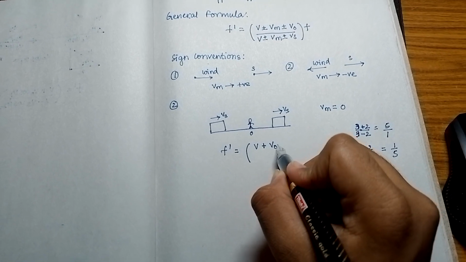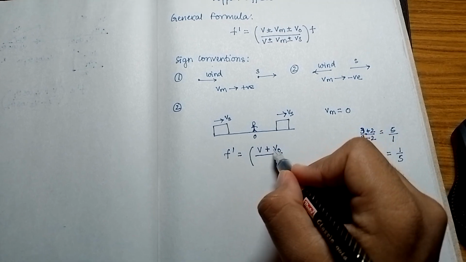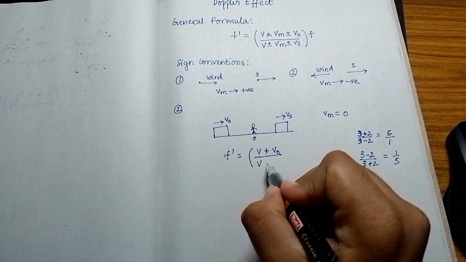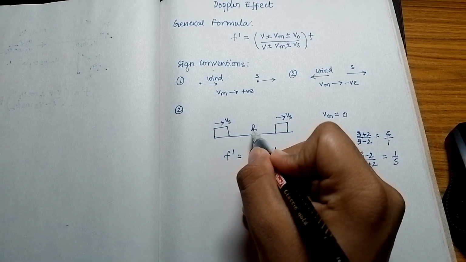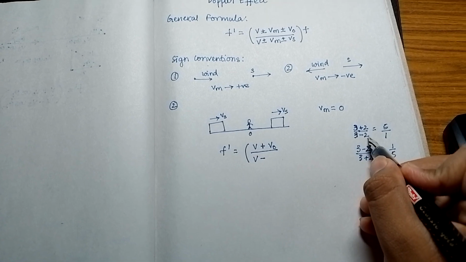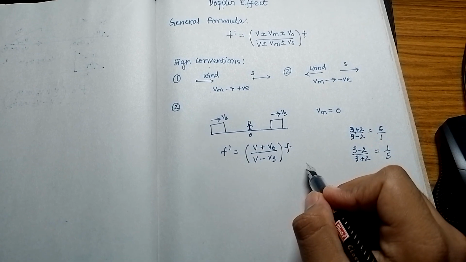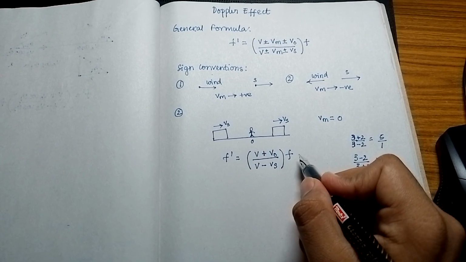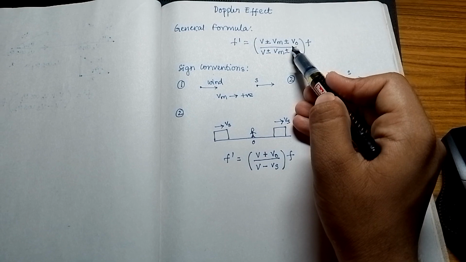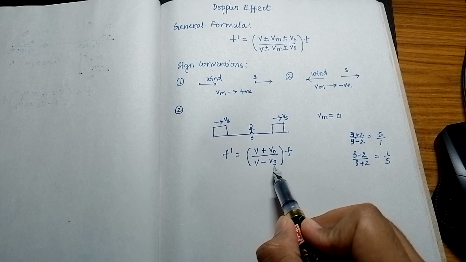V plus V naught, where V naught is the velocity of observer. As the source is approaching you, we put V minus Vs in the denominator, multiplied by F. Recalling again, F dash equals V plus V naught by V minus Vs, multiplied by F, where Vs is the velocity of source.